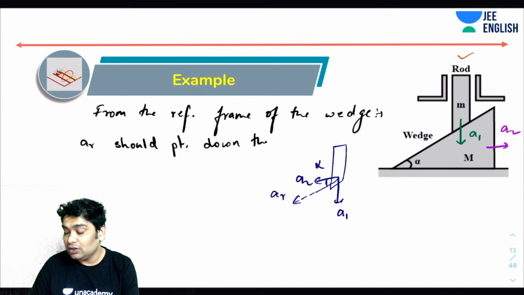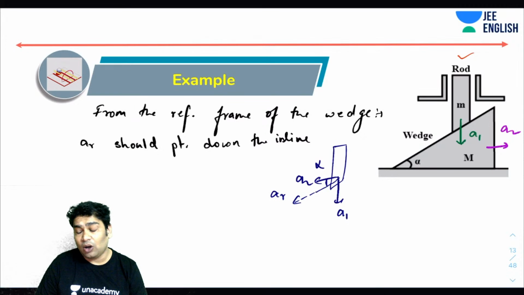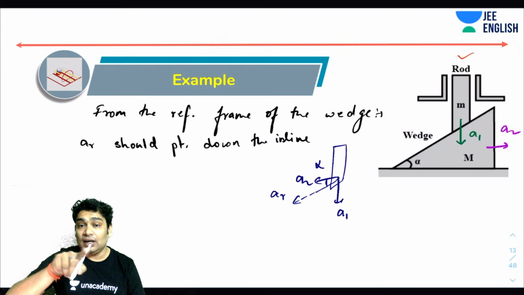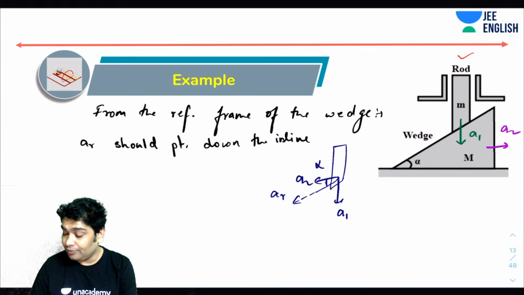As I said, in the reference frame of the wedge, the motion of the connected block or object can only be either up the incline or down the incline. In this case, we can clearly see it is coming out to be down the incline, so I can say that the angle that the net acceleration makes with the horizontal is alpha.